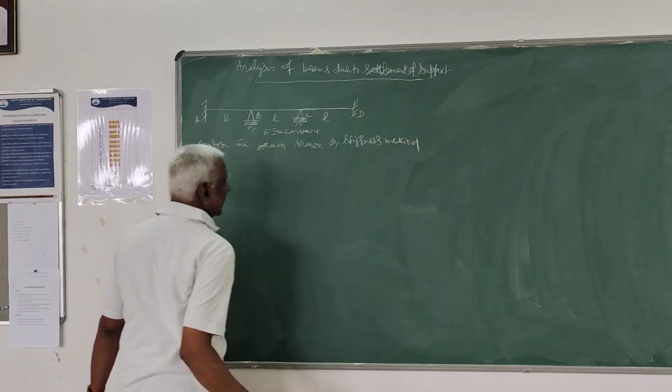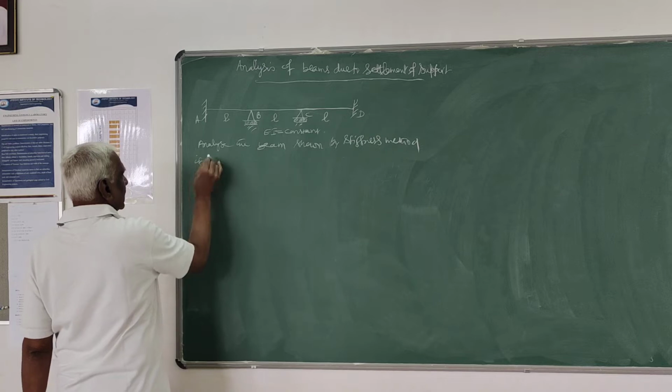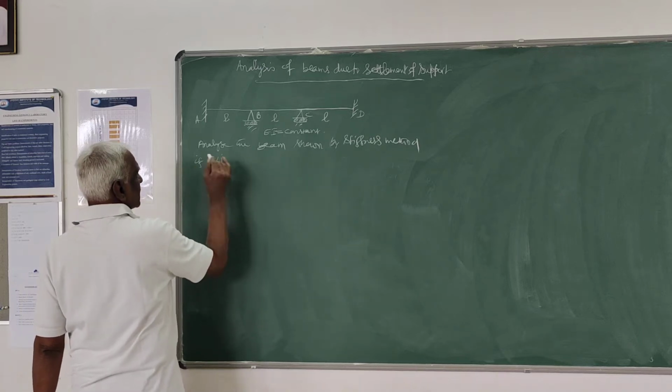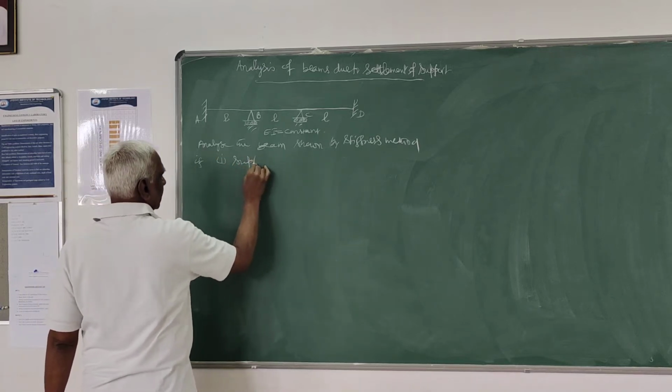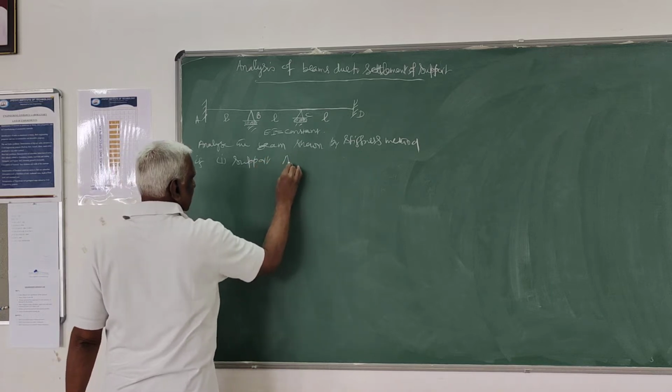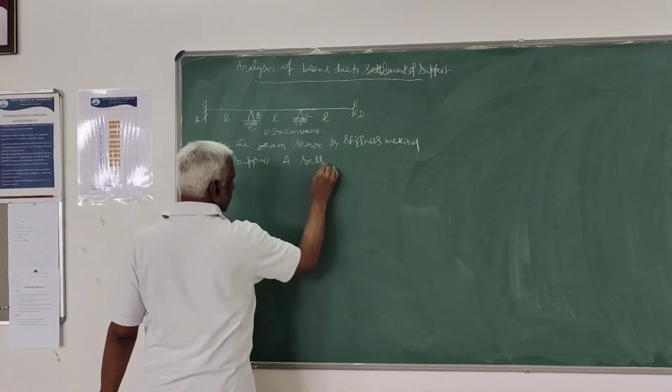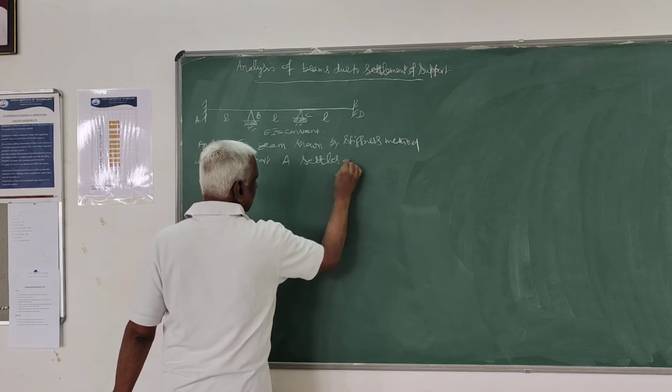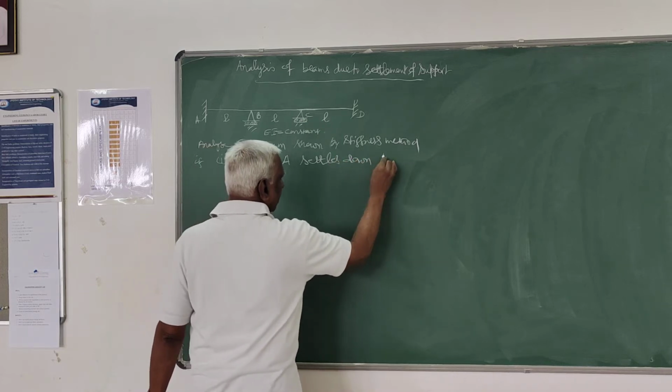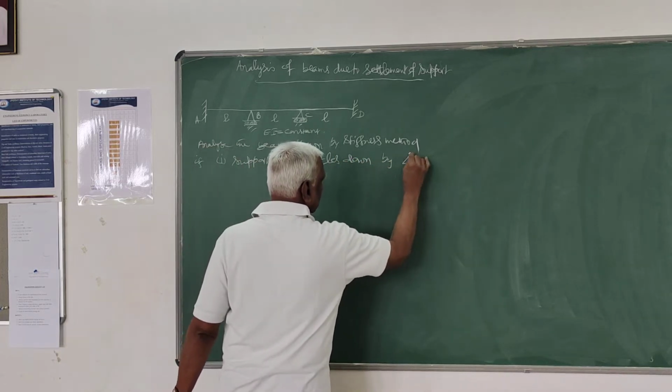Stiffness method gives, first case, support A settles down by delta.